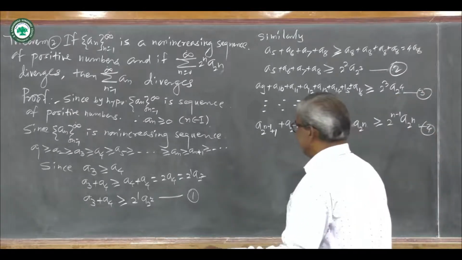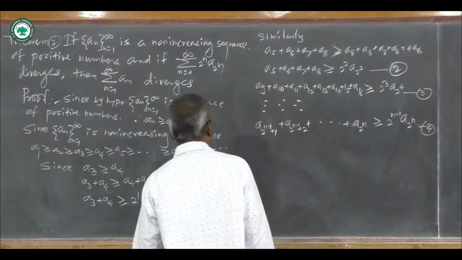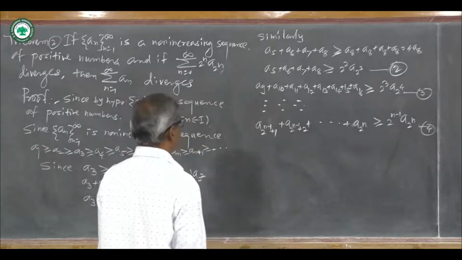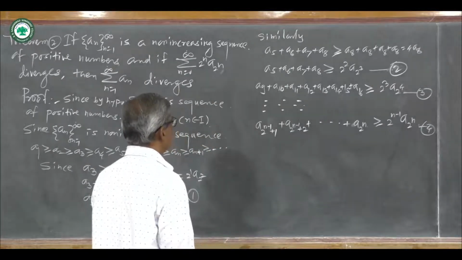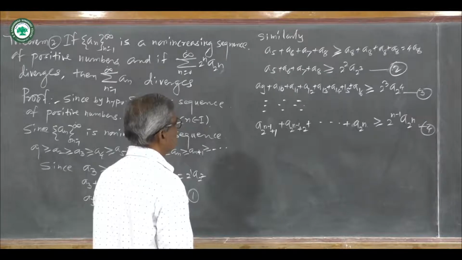For all n is equal to 1 or 2, n is equal to 2.